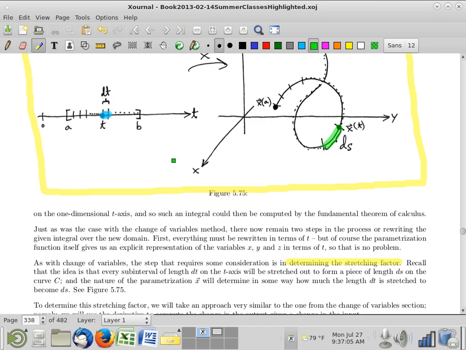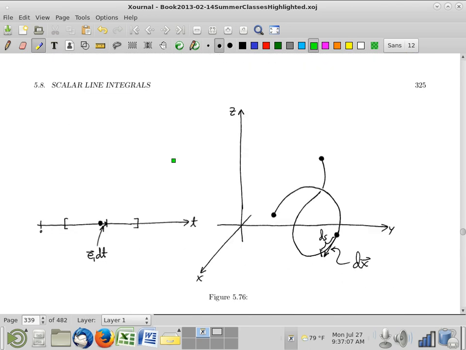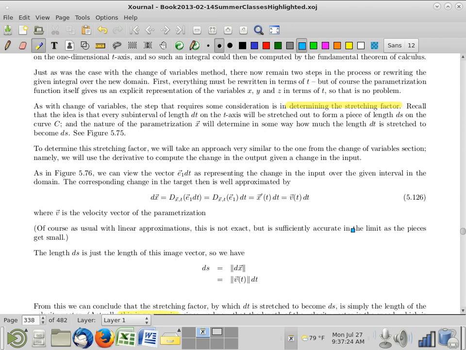Specifically, looking at this picture here, I realize that the size that I'm interested in is the magnitude of that displacement vector, dx. dx is just the change in the output that results from a dt change in the input.